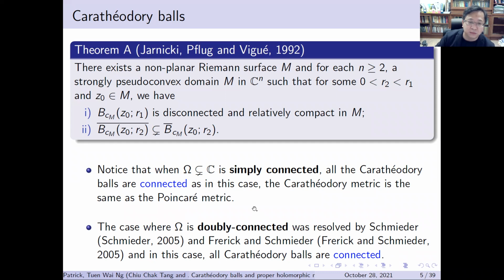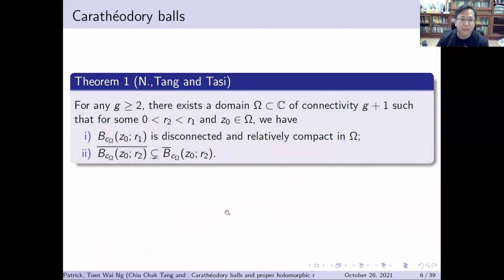It was solved by Schneider in two papers with two different proofs, and the conclusion is that in this case all the open balls are connected. So the remaining case is planar domains with connectivity greater than or equal to 3.